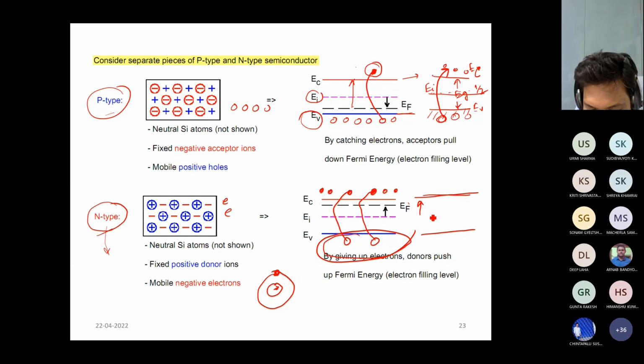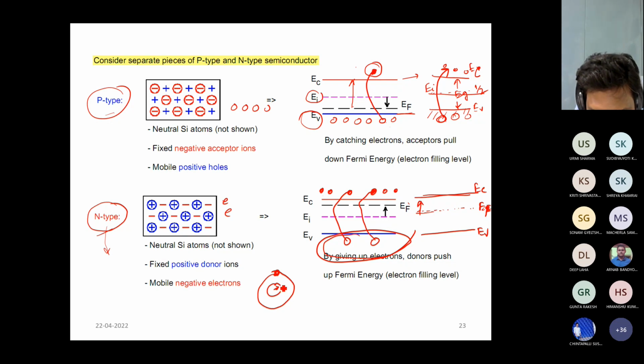Actually, if we consider this is the valence energy, this is the conduction band energy, the bottom of the conduction band energy. And for an extrinsic semiconductor, already we have seen that the Fermi energy is close to the conduction band energy. This is the Fermi energy. What happens?